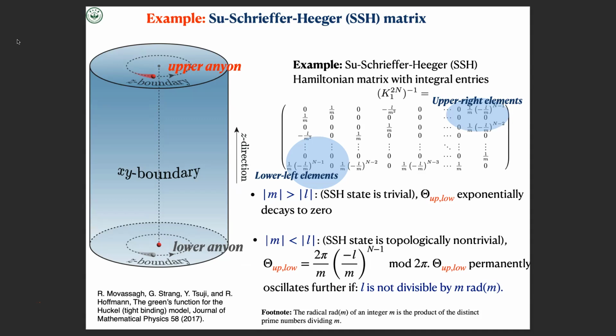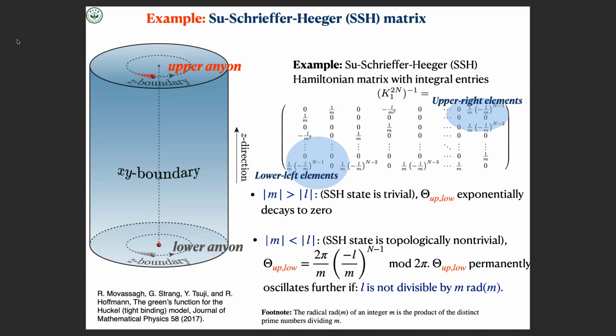When the absolute value of M is larger than L, then this state is a trivial state. We know that. And we also find that this theta angle exponentially decays to 0, right? Exponentially.